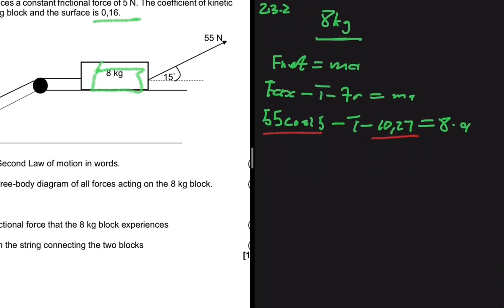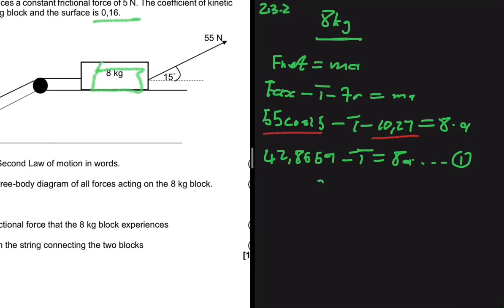If I do that, I'm getting 42.8559 minus tension being equal to 8a, right? I don't have the tension, I don't have the acceleration. How do I move forward? I call this equation 1 and try to find the second equation.